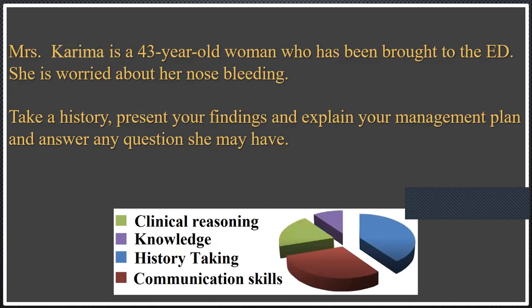So what is your management plan, Dr. Ikra? Sir, I will move the patient to the observation room and do some blood tests and general physical examination. And along with the blood test, I will do bleeding time, clotting time, and PT, PTT. And after that, I will consult a cardiologist. So you can make that concise.